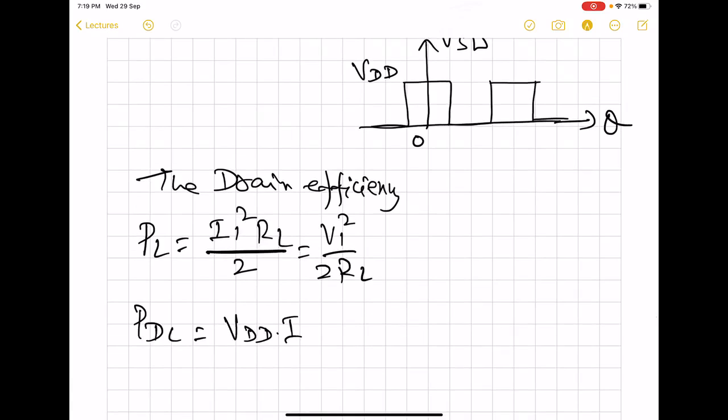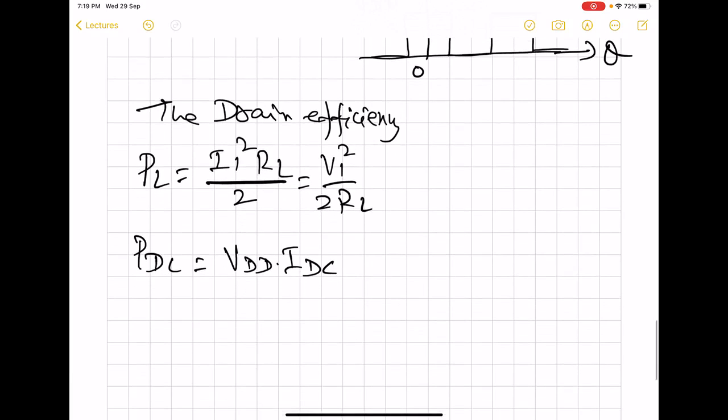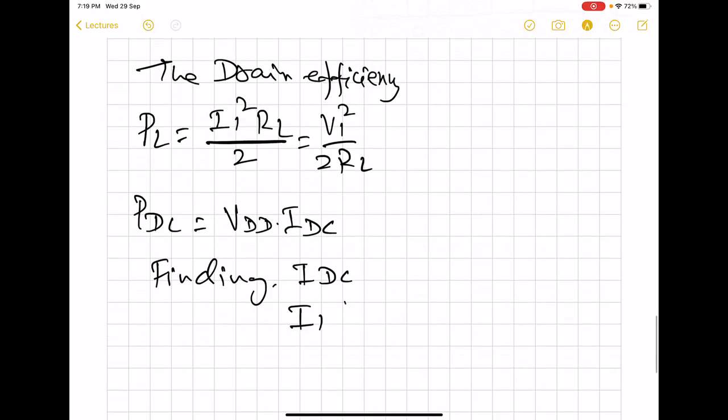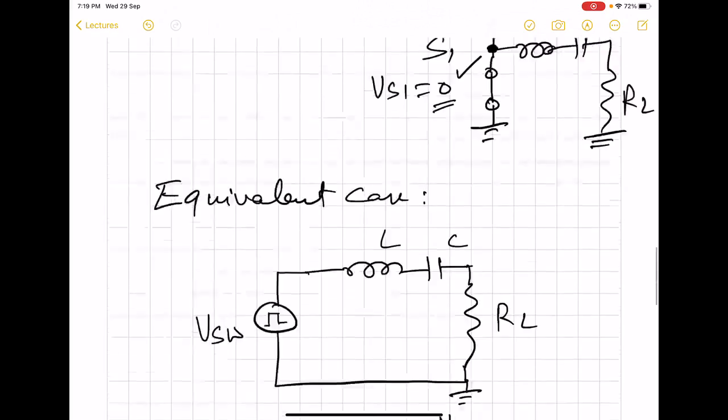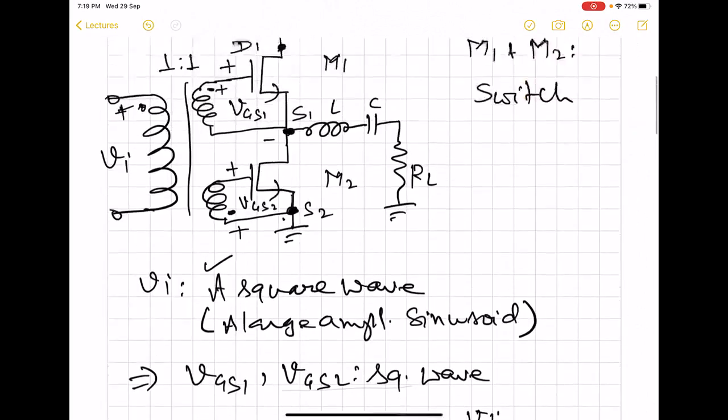From here we have to find out how much DC current is being drawn. So finding the drain efficiency implies finding IDC, the DC current that is being drawn, and the fundamental current, or equivalently the fundamental voltage, whichever we can find easily. So now let us see what IDC is.